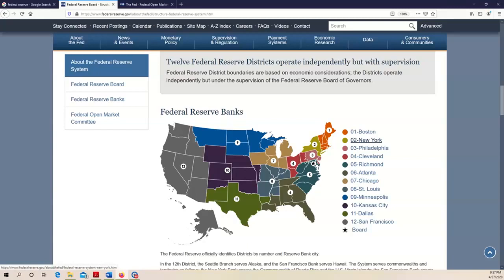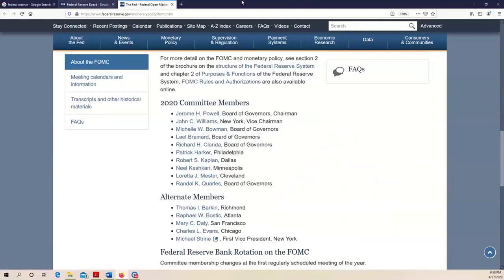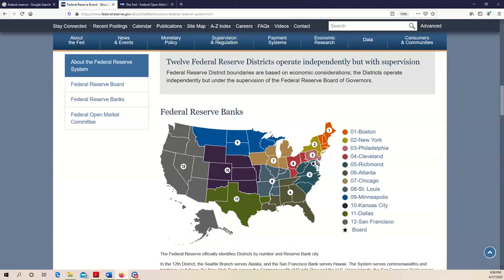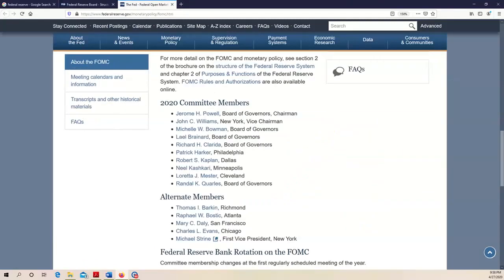One seat is guaranteed, reserved for the president of the Federal Reserve Bank of New York. So then we have 4 seats left. These remaining 4 seats will be allocated on a rotating basis among the 11 remaining regional banks.